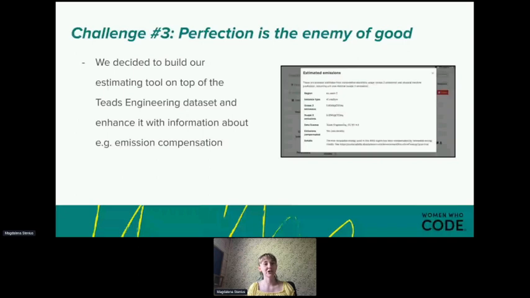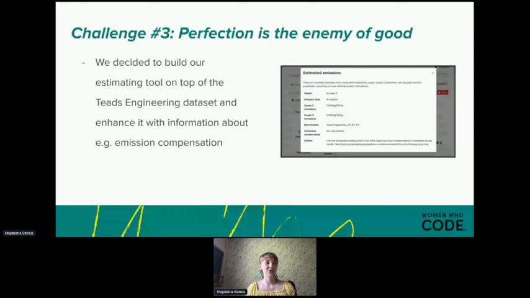In the estimated emissions, we are also adding some detailed information about possible renewable energy credit compensation or other similar types of compensation. And we are building this heavily on the Teads Engineering dataset of carbon emissions of EC2 instances.